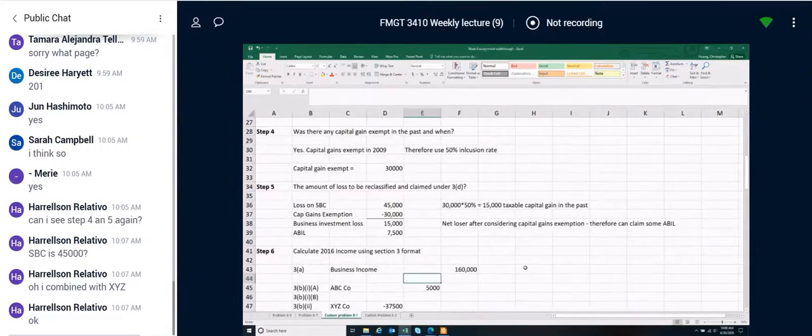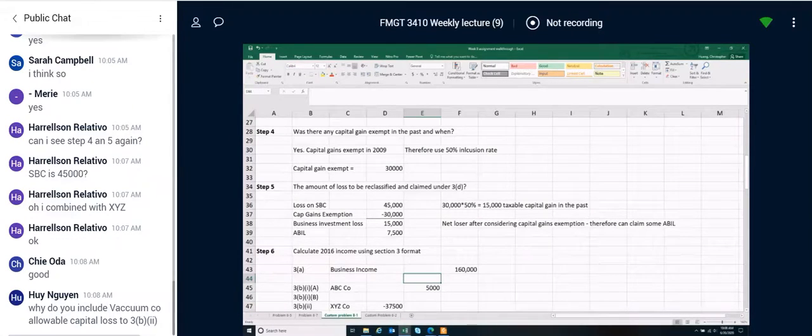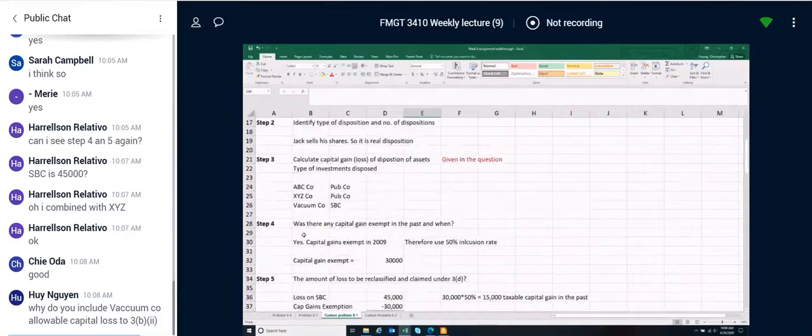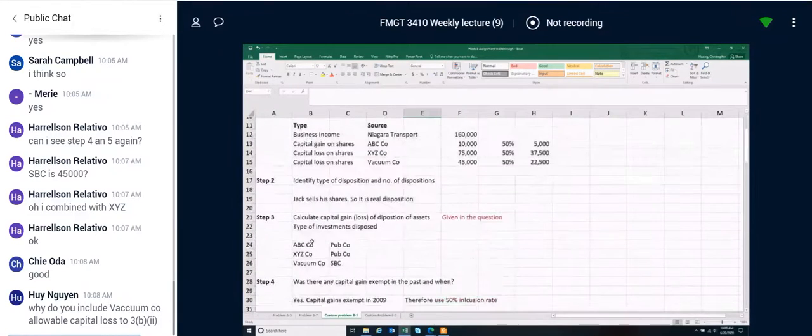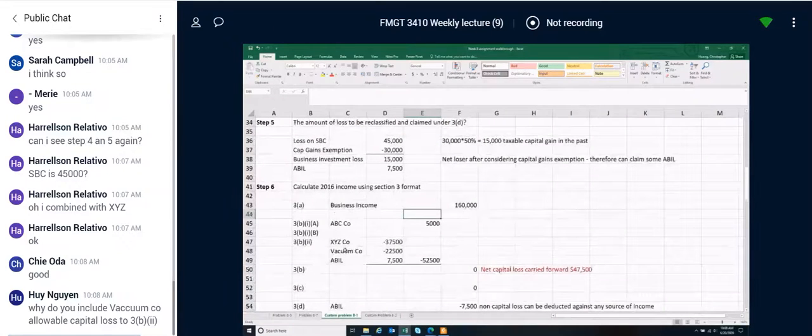Okay, anyone else has questions? Or are they all good? The issue, Hui, is if ABLE rules don't exist, what would you normally get?